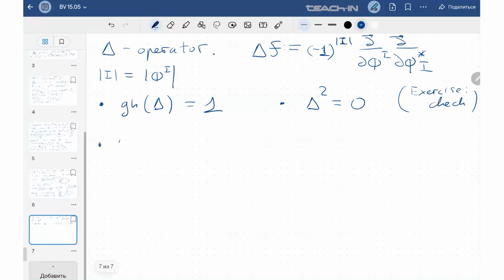The less trivial property is as follows. If we apply delta to a product of two functions, because it's second order, we don't have the Leibniz rule, but what is interesting is the deviation from the Leibniz rule.